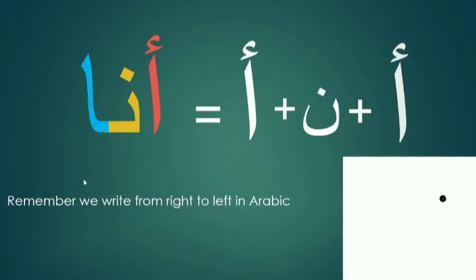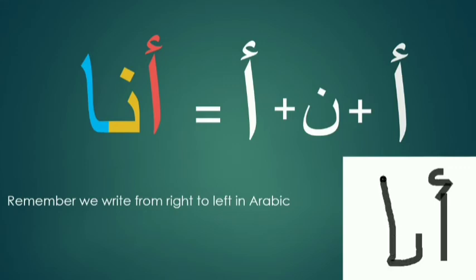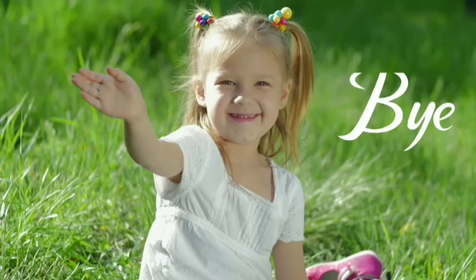So how do we write this word after we connect the letters together? Let's see the video. Alif and Noon and Alif, like that. So thank you for our first lesson.